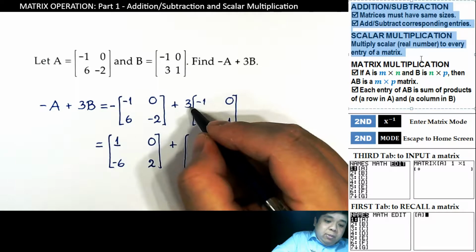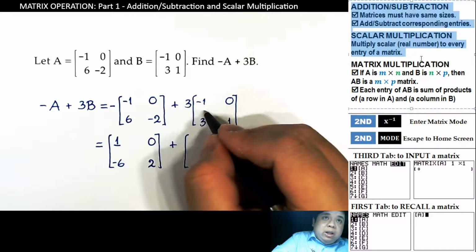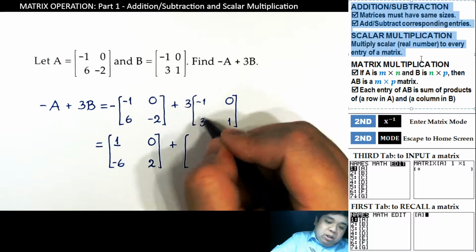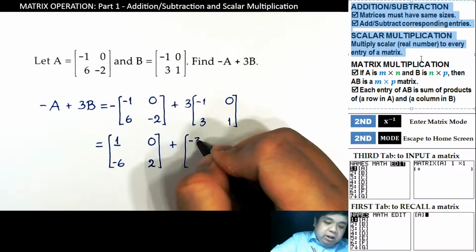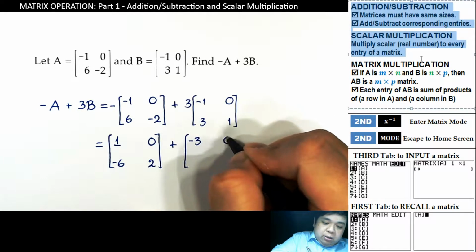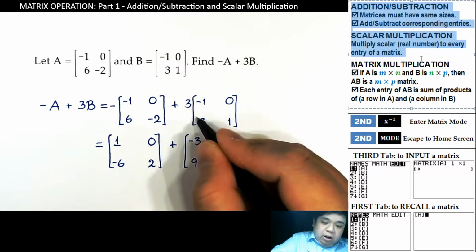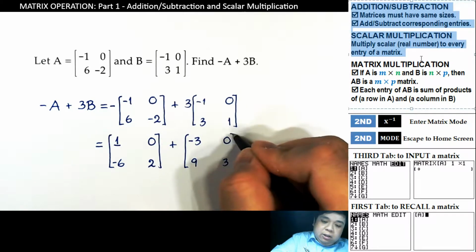Next, we'll multiply 3 to every entry here. 3 times negative 1, negative 3, 0, 9, and 3.